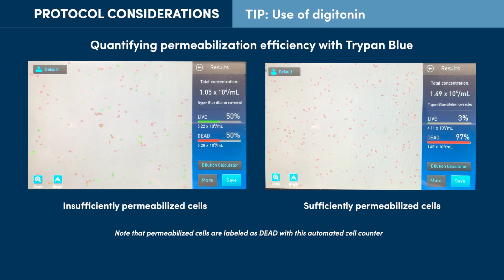If less than 90% of your cells are stained by trypan blue, consider titrating with varied digitonin concentrations. Once you have identified a digitonin concentration that permeabilizes at least 90% of your cells, apply it to the working buffers used in the protocol sections 2 through 4.